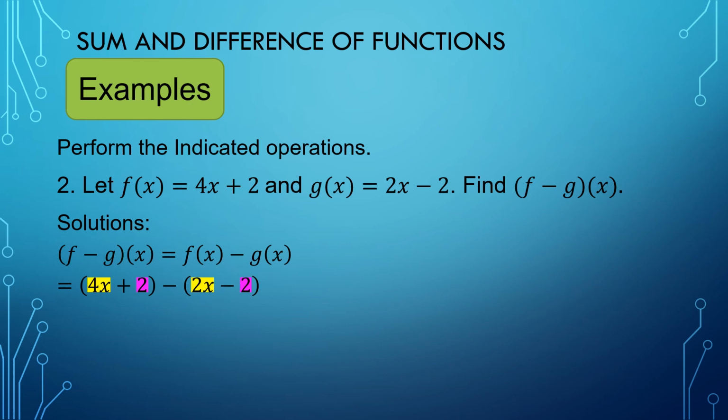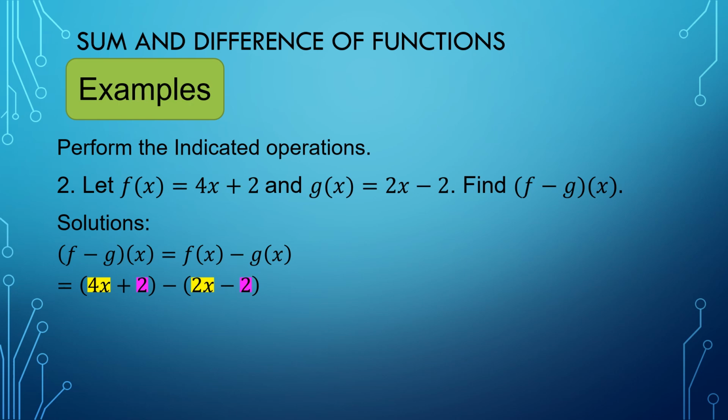So again, the f of x is 4x plus 2, then the g of x is equal to 2x minus 2.